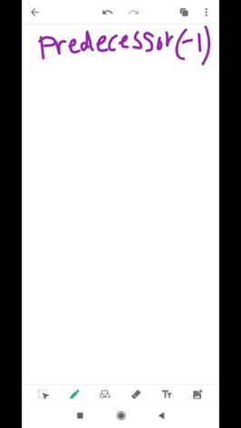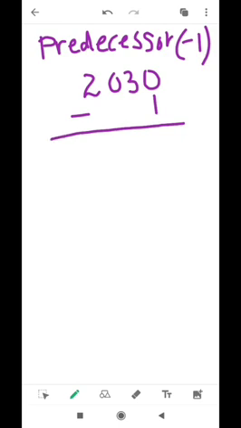So if I will ask you to find the predecessor of 2030, then from 2030 you are going to subtract 1, and you are going to subtract 1 from here, from ones. Do you know na? Ones, tens, hundreds, thousands. So always we'll put here. Now let's start. 0 minus 1. Is it possible to subtract? No.